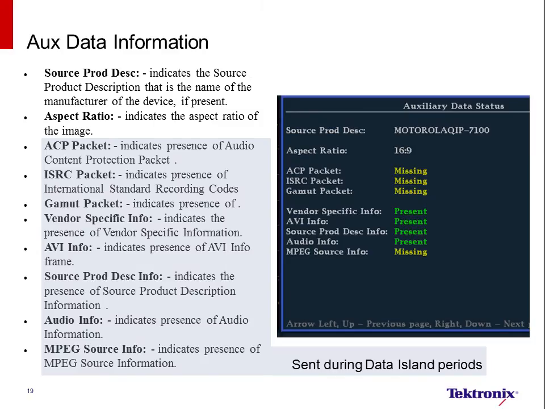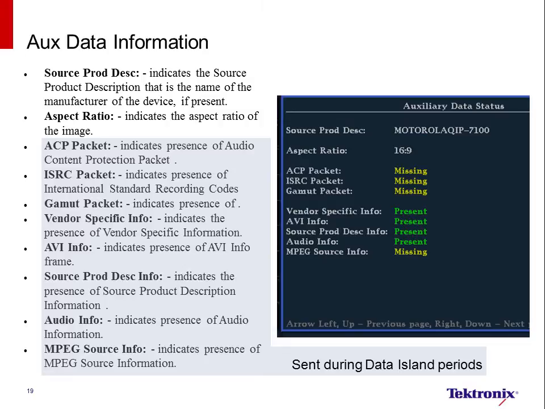The aux data or ancillary data used in HDMI is somewhat different than what we're used to in SDI. The listing on the page shows the different types of data that is carried within the data island periods. The AVI info packet indicates the resolution of the video and the coding structure, either RGB or YCbCr, to the receiver.